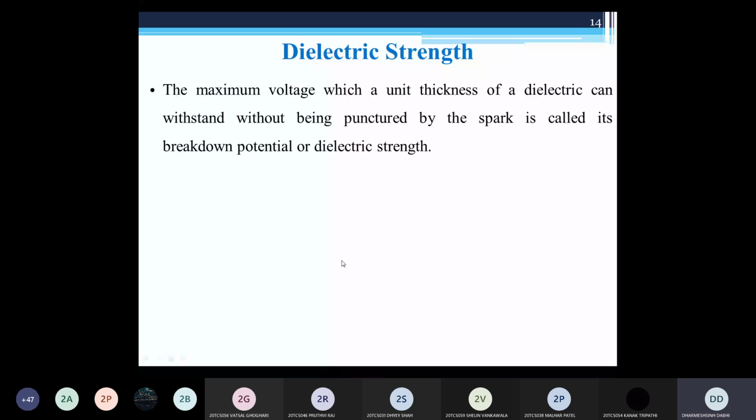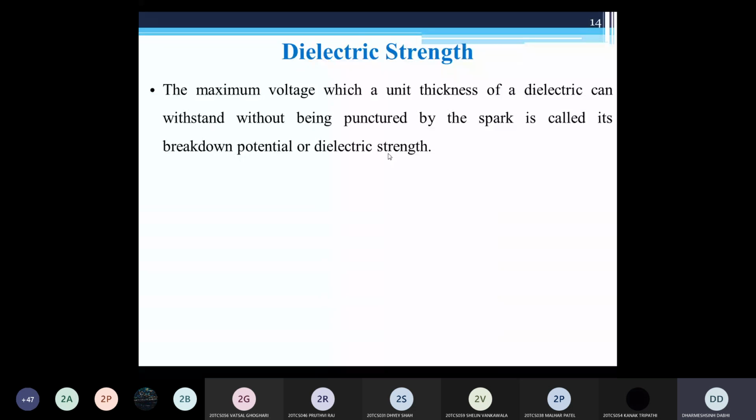As per the definition, it is nothing but the maximum voltage which a unit thickness of dielectric material can withstand without it being punctured. In a short sentence, suppose I take mica as an insulating material, and you apply a potential difference across this mica of unit thickness and increase this voltage till your insulating material breaks down.